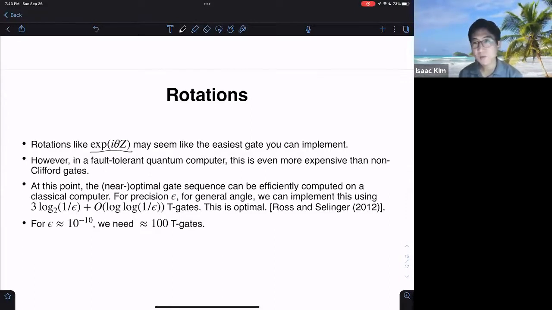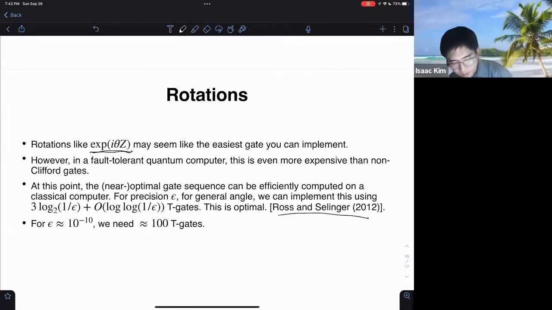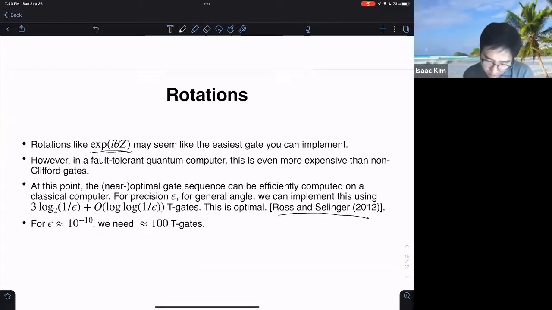You can find a sequence of gates that approximates this guy to the precision that you want in an optimal way. This was done by these two folks. It's a very important result. And on average, and also in the worst case, the number of T-gates that you end up using is 3 log 1 over epsilon.